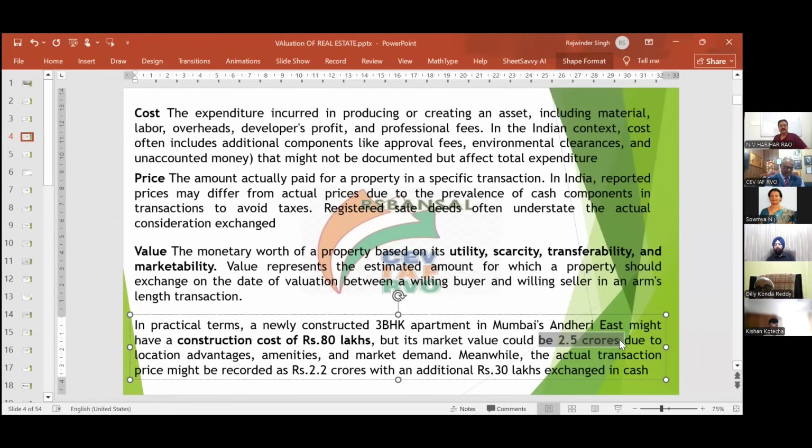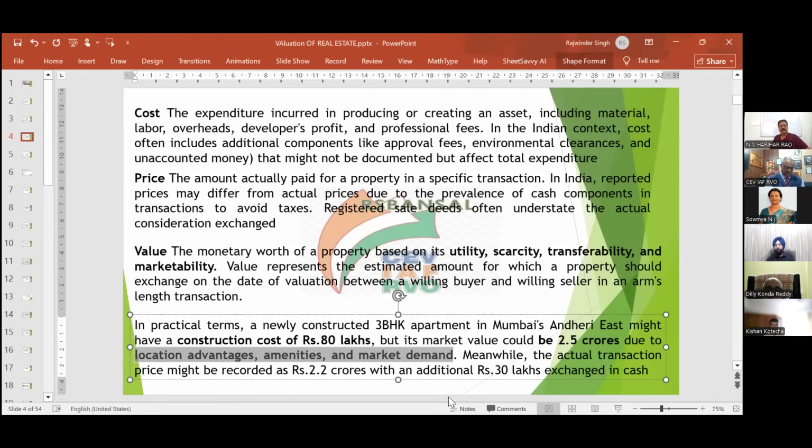Why? Because of its locational advantages, amenities, and market demand. These four things.